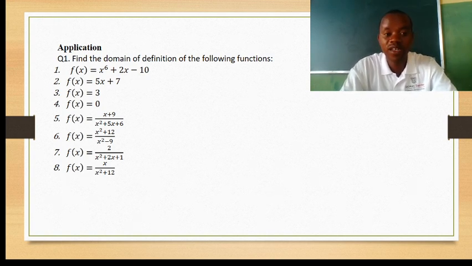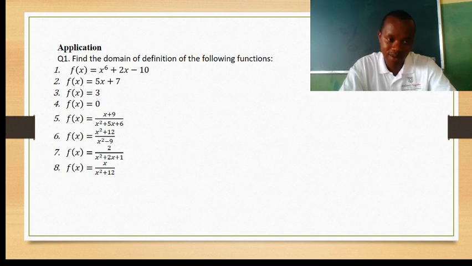For function number 4, it is the same as number 3. Every real number assigned to x will have the image which is 0, and the domain of definition will be the set of all real numbers. For number 5, the domain of definition will be the set of all real numbers except the numbers which make the denominator equal to 0.